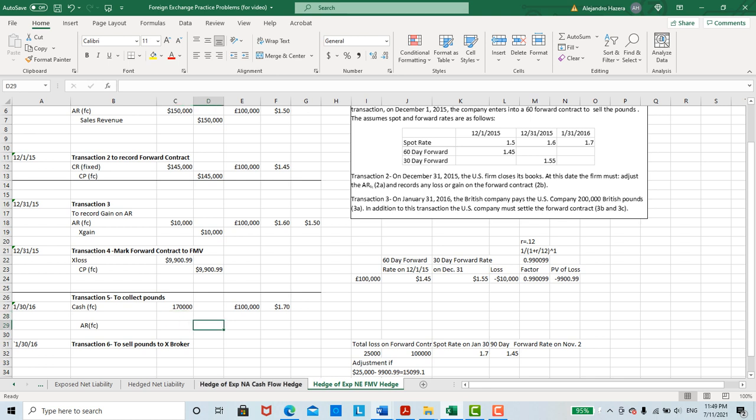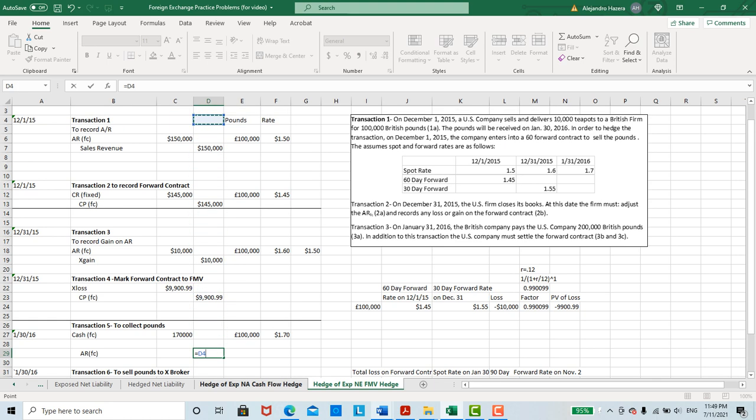For the accounts receivable we give up, the easiest way to do this is just to add up the balance of the receivables, which is 150 plus this 10 right here, 160. So we are going to have an exchange gain of 10 there.